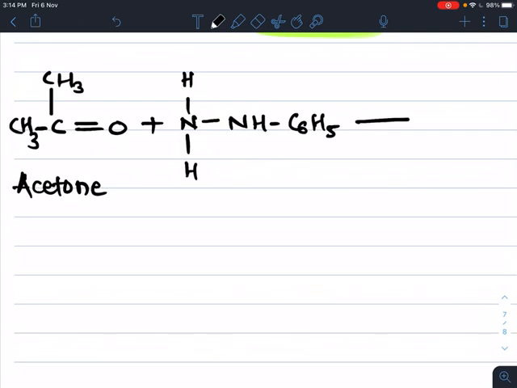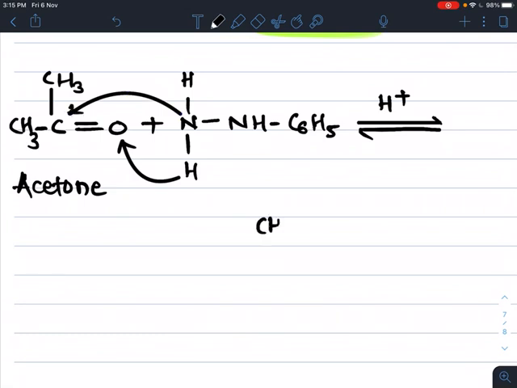The first step always takes place in weakly acidic medium, so we can write H plus on the arrow. A reversible reaction takes place, with addition of hydrogen to the oxygen and nitrogen to the carbon. So we get its addition product.